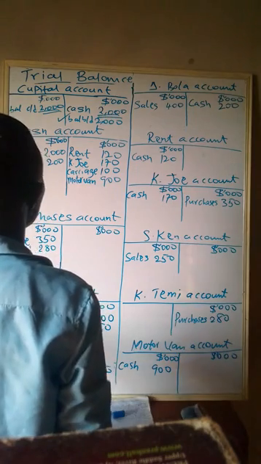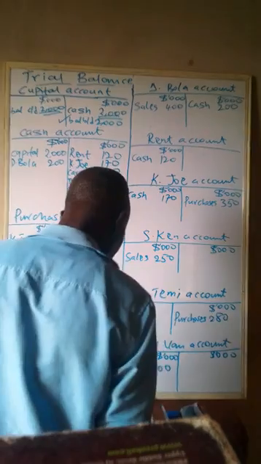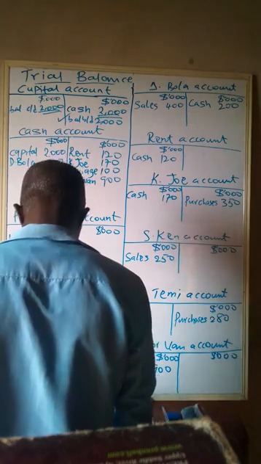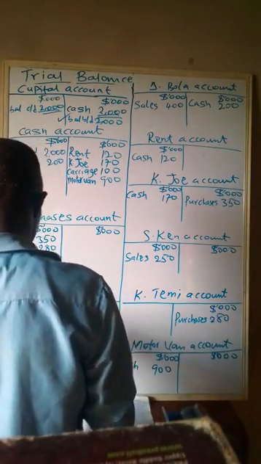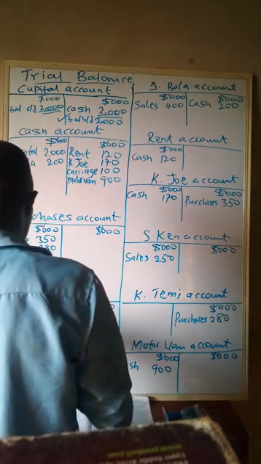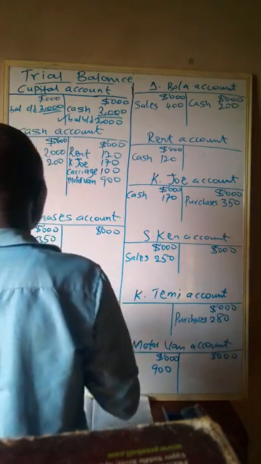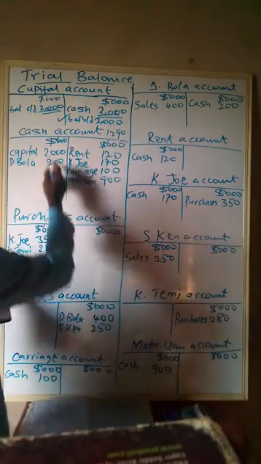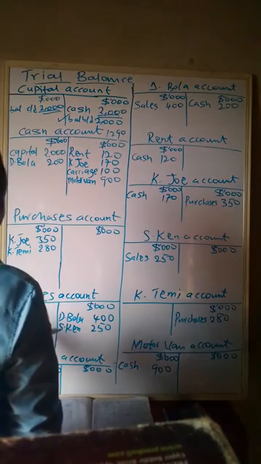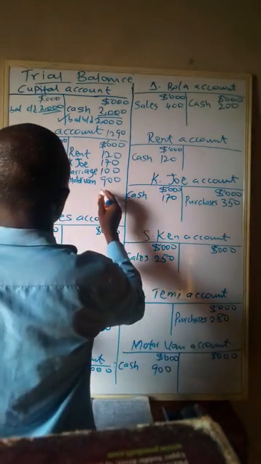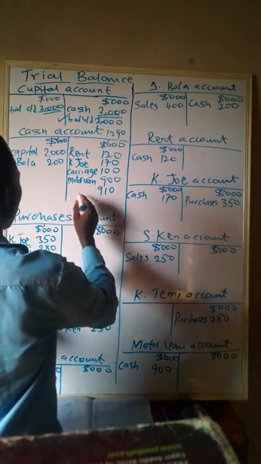I add up 120, 170, 100, 900, and that gave me 1,290,000. 1,290,000, and this is 2,200,000. 2,200,000 minus 1,290,000, and that is 910. 910 to balance off.